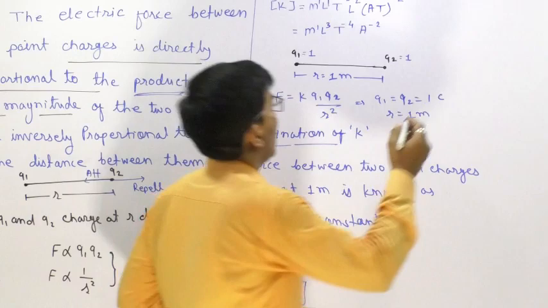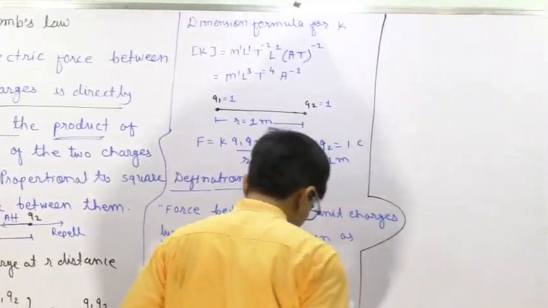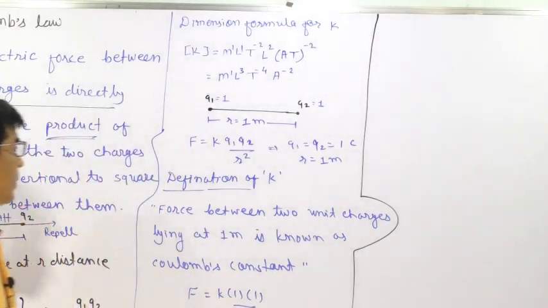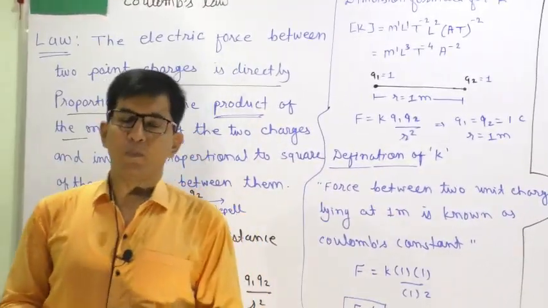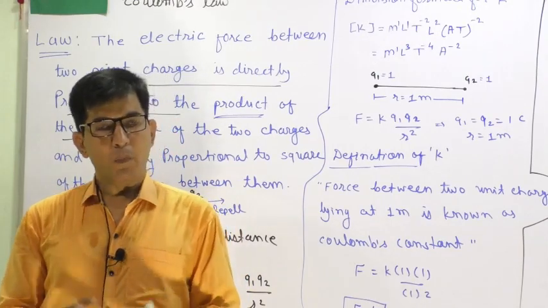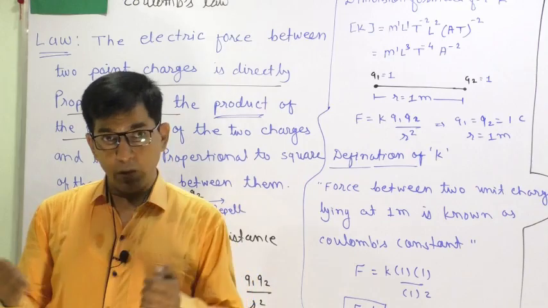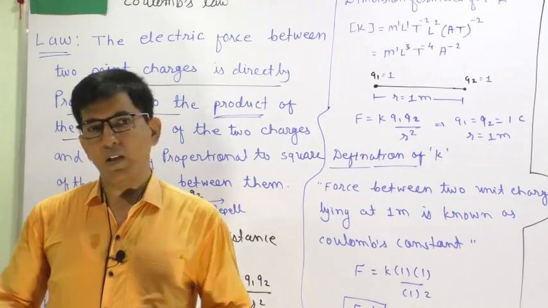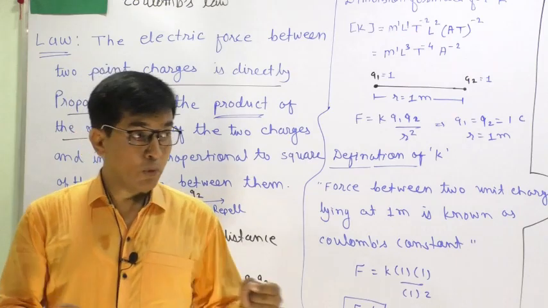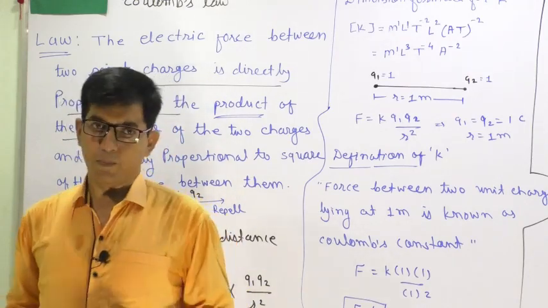Here one more word we will discuss, but before that, this experiment was performed by Coulomb for free space, but in our general atmosphere we cannot find any free space, so we have to put all these charges into some medium.